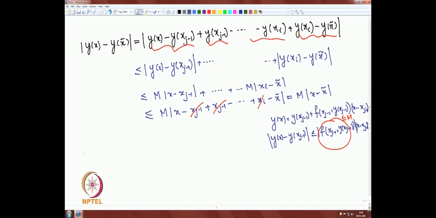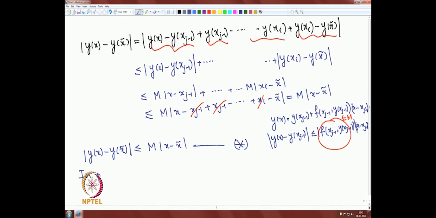So, what we have shown is that the absolute value of y of x minus y of x tilde, where x and x tilde are from anywhere in the interval x0 plus h, is less than or equal to a constant m times x minus x tilde. Call this inequality star, we will be using it again.